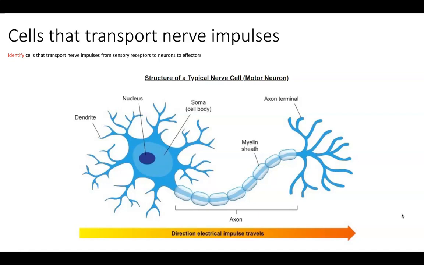They are specialized to transmit electrical impulses within the nervous system. The nervous system converts what we take in from our senses, that's called sensory information, into these electrical impulses in order to make sense of our environment, to rapidly detect, but also to respond to stimuli.